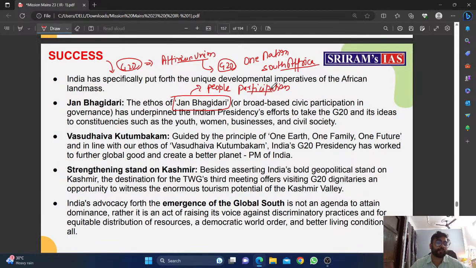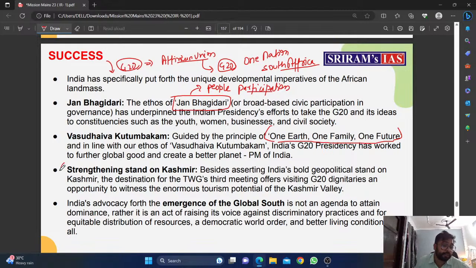So the idea of civil participation in governance, the idea of Jan Bhagidari, is part and parcel of Indian administration. Then how is G20 successful? Because we believe in Vasudhaiva Kutumbakam, where we are guided by the principle of one earth, one family and one future, where we see the world as one common family. So this presidency of G20 has worked to further global good and create a better planet. This is said by none other than the PM of India.